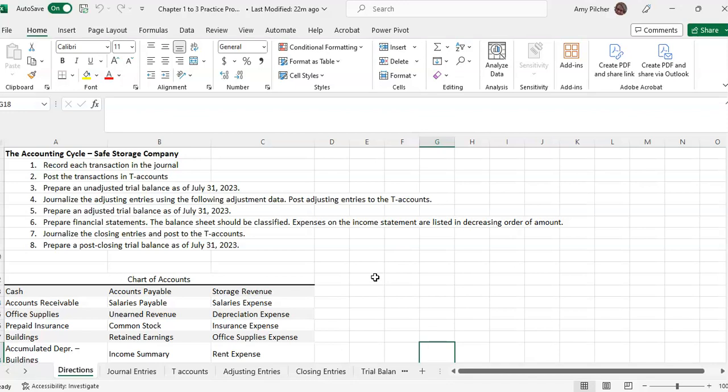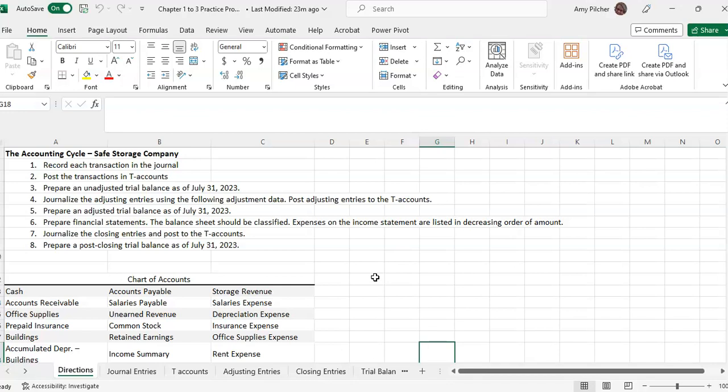I did notice that a lot of the questions I was having about the homework problem that is very similar to this is that a lot of students were skipping the posting to T accounts before doing the trial balance. So they were trying to create a trial balance just off of journal entries, and there were a lot of frustrations with that. So I would suggest don't try to skip steps.